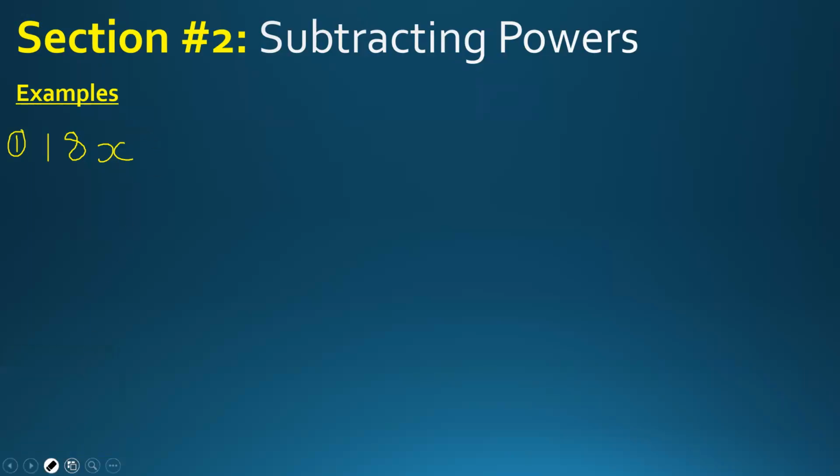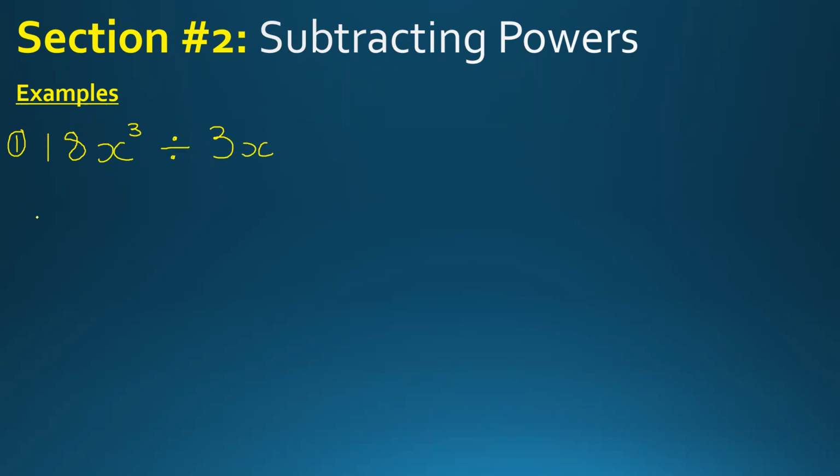So 18x to the power of 3. I want to divide that by 3x. Sorry, I was so wrong. Not 3 to the power of x, but 3x.